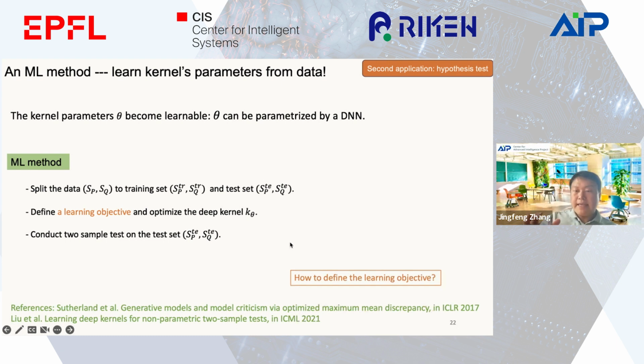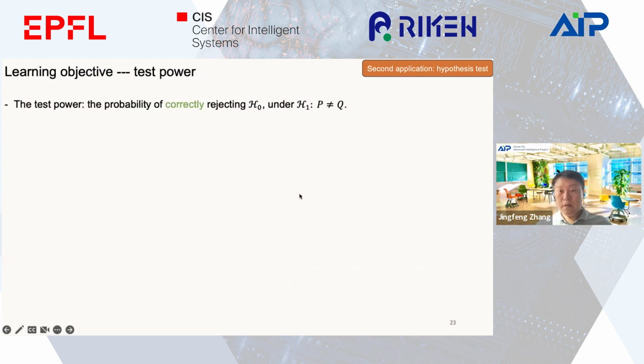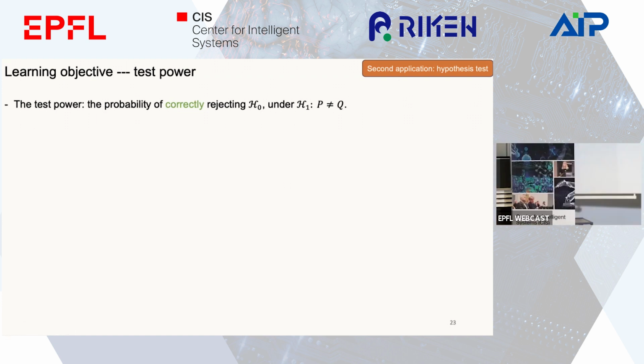The next question is how to define the learning objective for learning the optimized deep kernel. The learning objective is the test power. The test power is the probability of rejecting the null hypothesis when the alternative hypothesis is true.